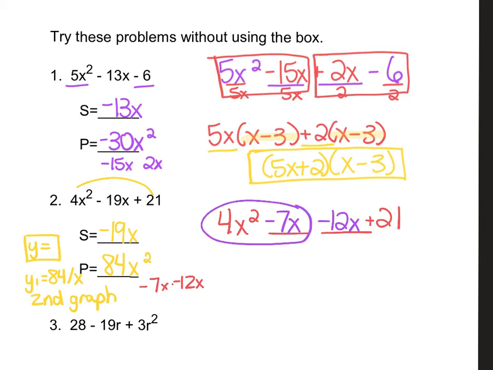So I'm going to group these, and now I'm going to pull out the GCF. So all I've got in common here is an x. So if I divide them both by x, I will be left with 4x minus 7. And it looks like here all I've got in common is a negative 3.